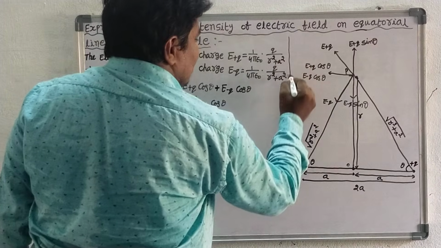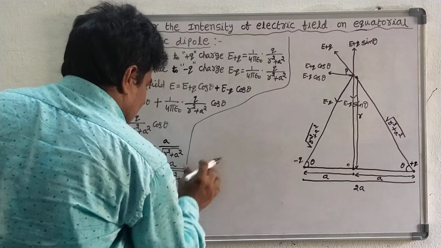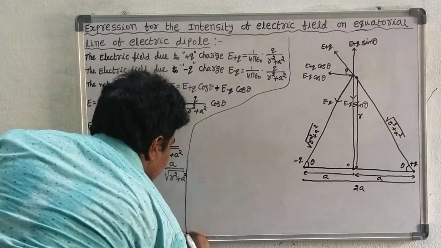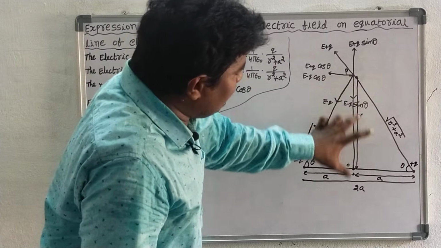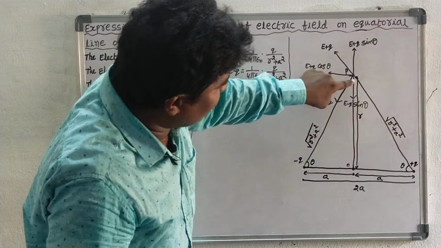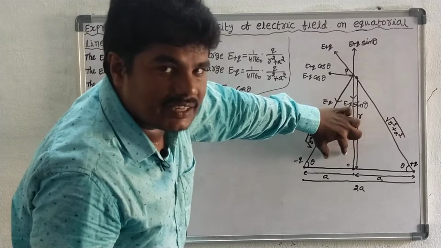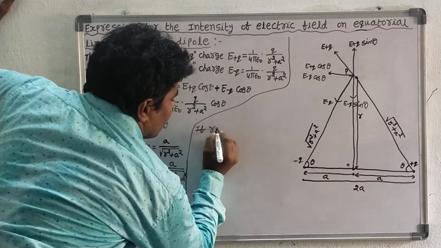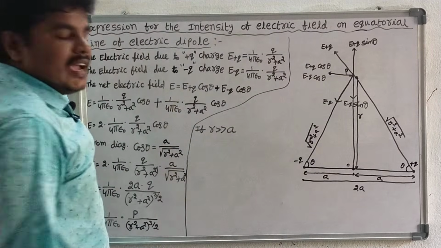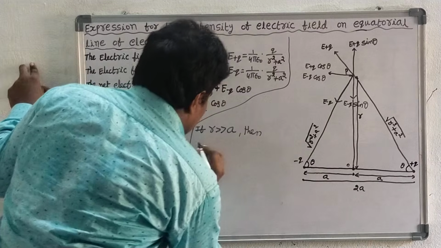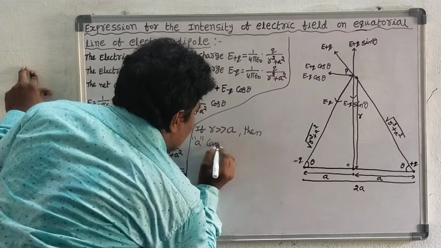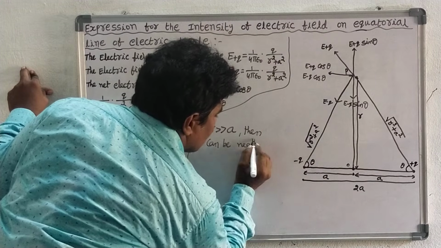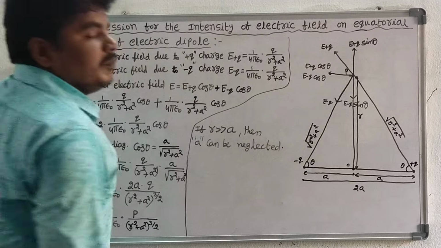If r is very much greater than a, then a can be neglected.